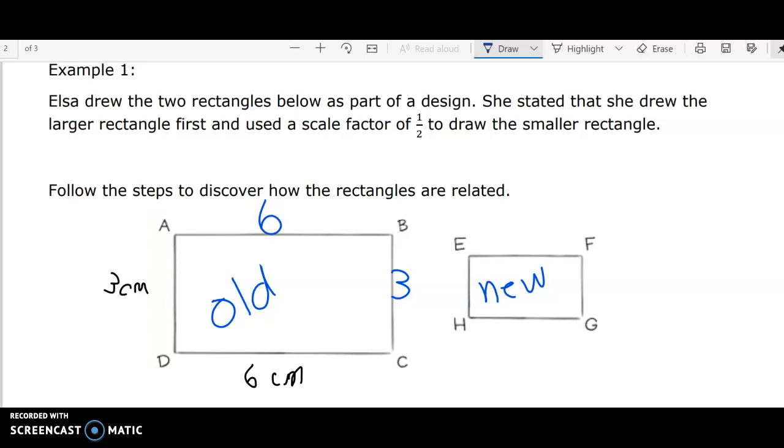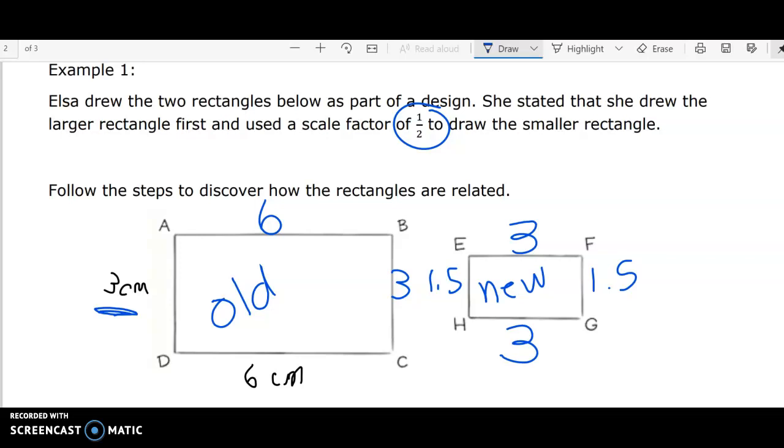On the other rectangle EFHG, I'm going to say that the long sides, multiply it by 1/2. So this says multiply, remember multiply. And so multiplying 6 by 1/2 gives you 3. Since it's a rectangle, the opposite side is 3. I'm going to take this 3 right here and multiply it, it's the short side, by 1/2, so I get 1.5 and I get 1.5.